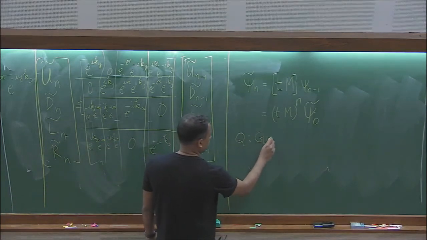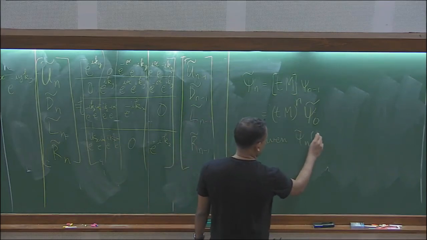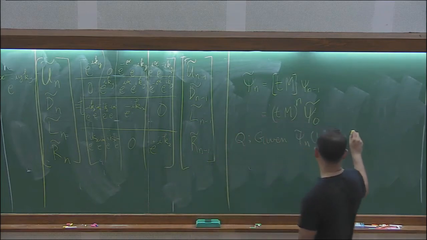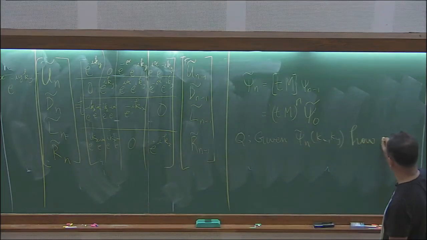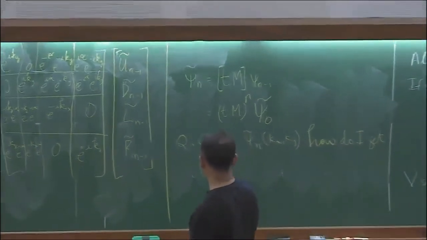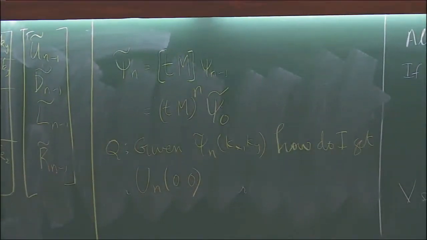So now the question is, given psi n tilde of kx, ky, how do I get un of 0,0? So what does un of 0,0 mean? In the nth step, I come to the origin in the upward direction.